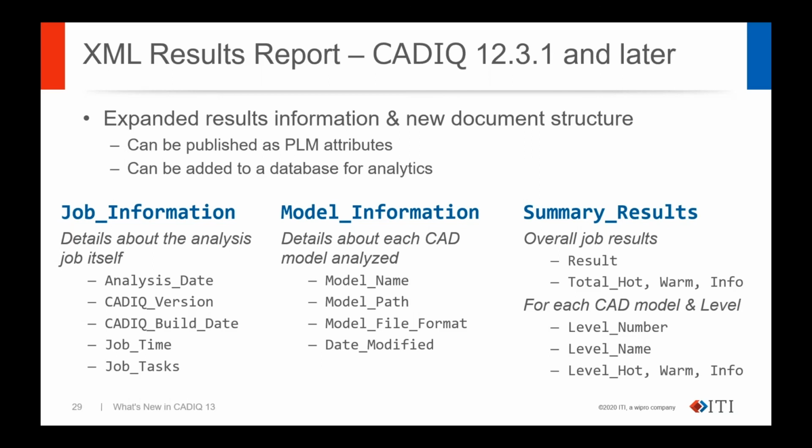So you can see the number of hots and warms according to each level for each of those CAD models. So it's a lot more information available to be utilized by our customers, however you want to do it, whether it's putting it into a database or publishing it to PLM. And we're planning to continue to expand this XML report as we move into the future.